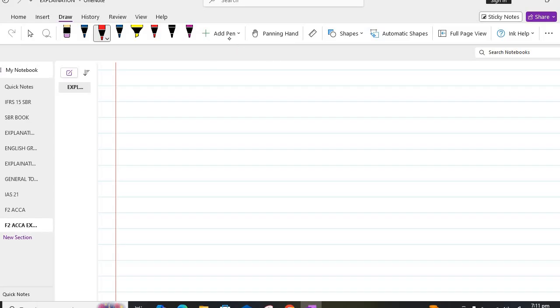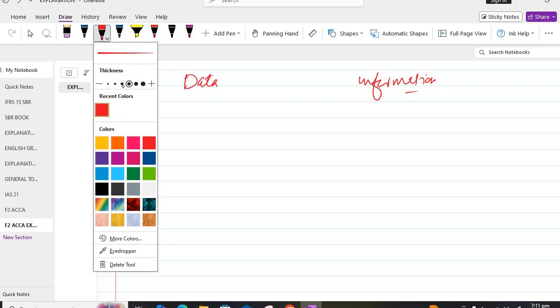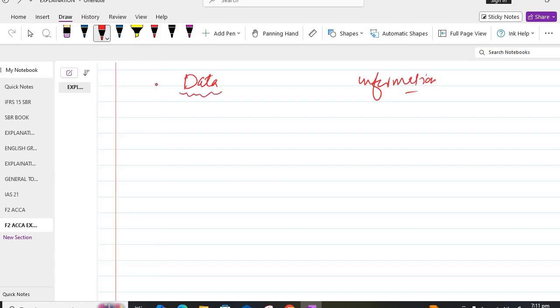So the first thing is, what do we mean by data? You have data, and on the other hand, you have information. What is the difference between data and information? You will be tested on this in your exam, and it will be MCQ based.